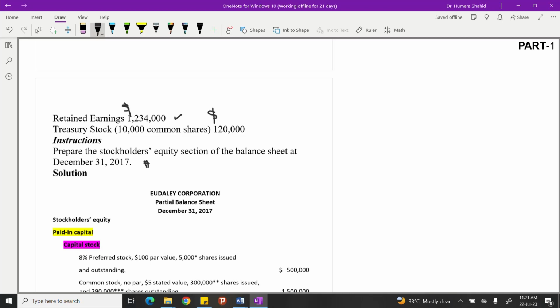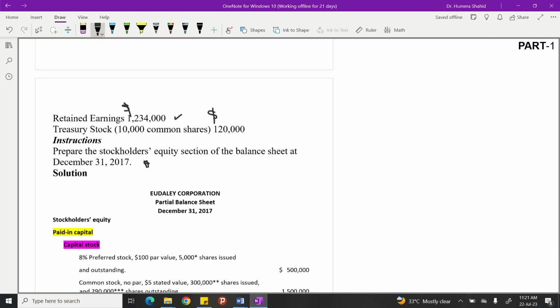They want us to prepare a stockholders' equity section. We know that when we prepare the stockholders' equity section, preferred stock is always mentioned first, then the common stock, then the treasury shares. We also know that stockholders' equity has two main accounts: paid in capital and retained earnings. Paid in capital has two sub-accounts, capital stock and additional paid in capital.